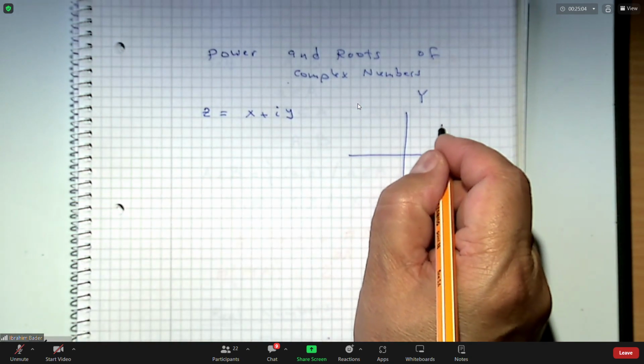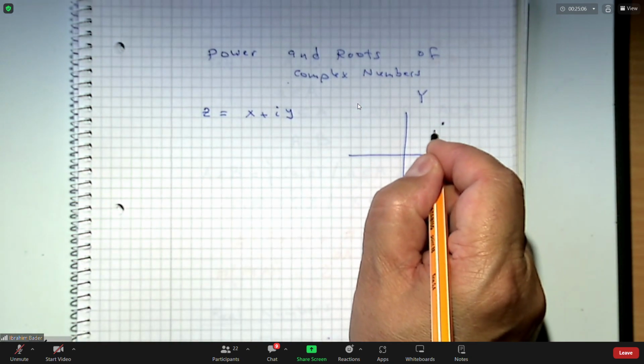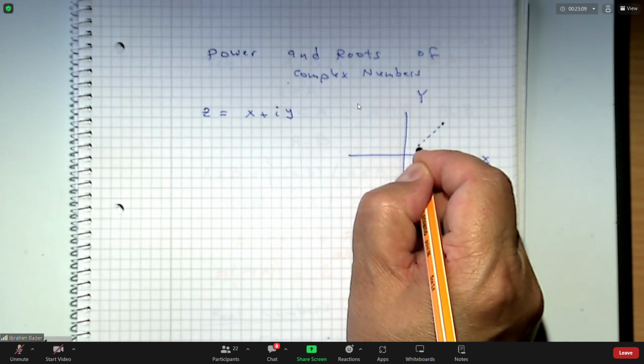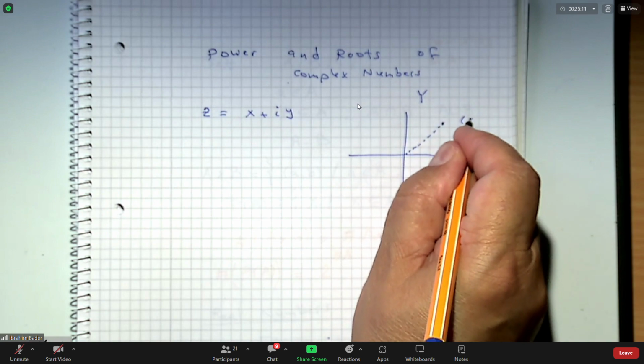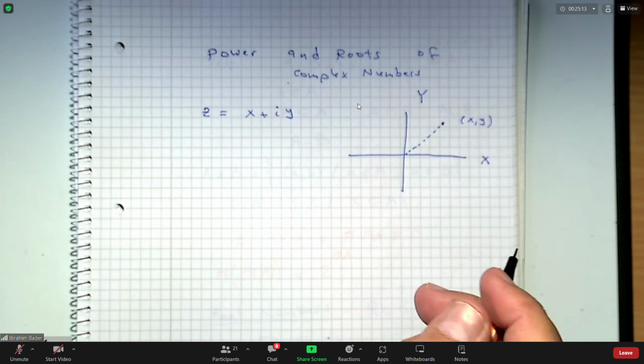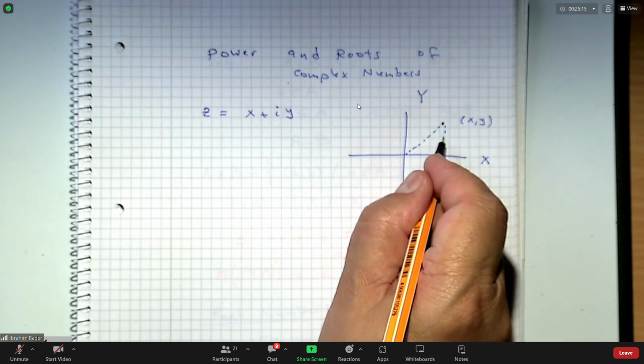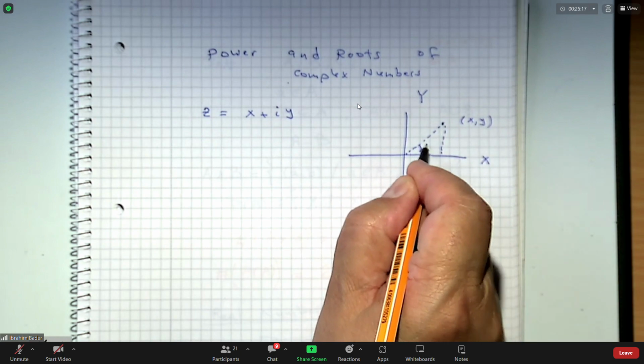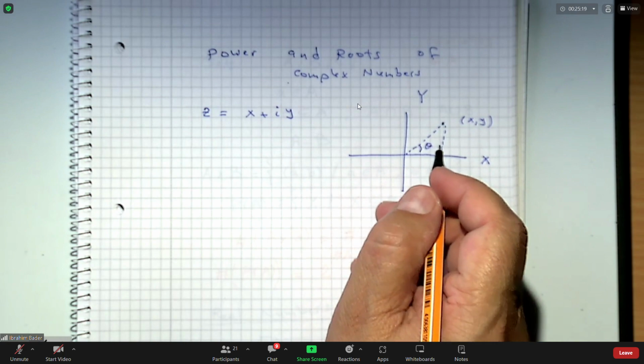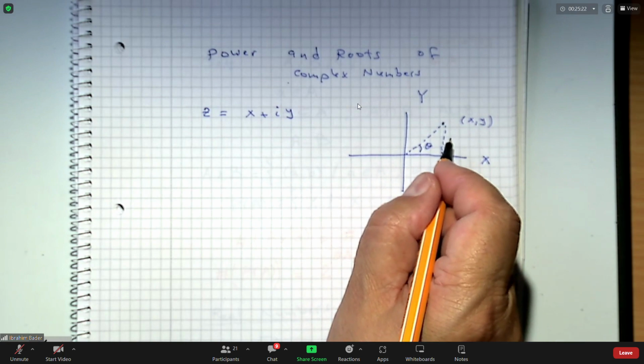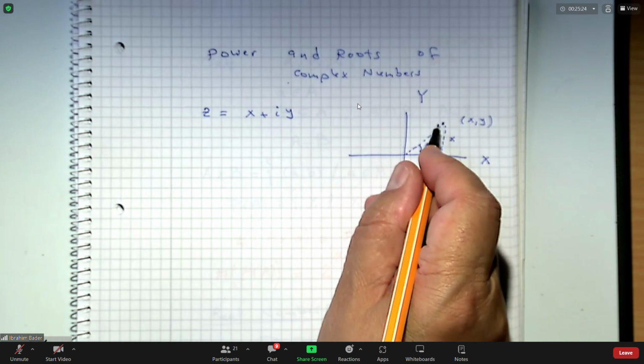So any complex number is just, if you like, an ordered pair with x, y coordinates. Then we define theta, if you remember, for the polar coordinates. Here we have the y component and the x component.